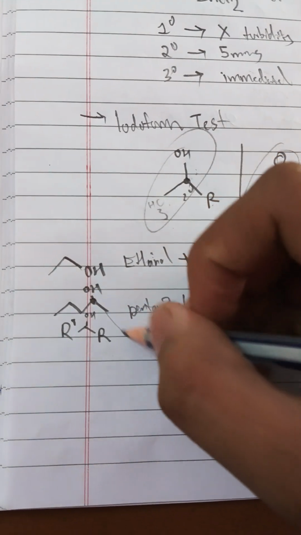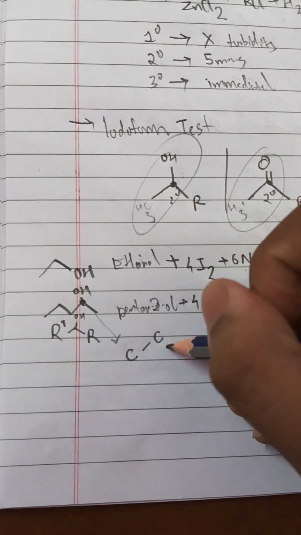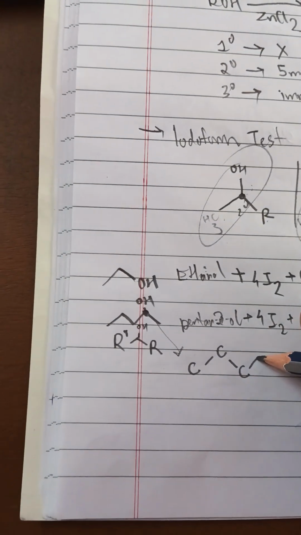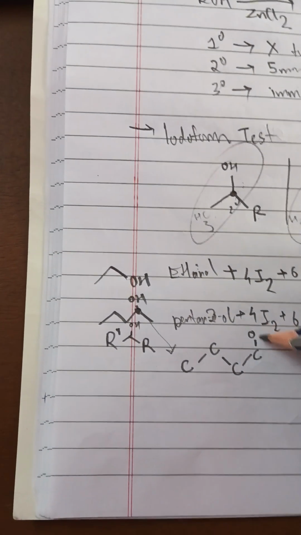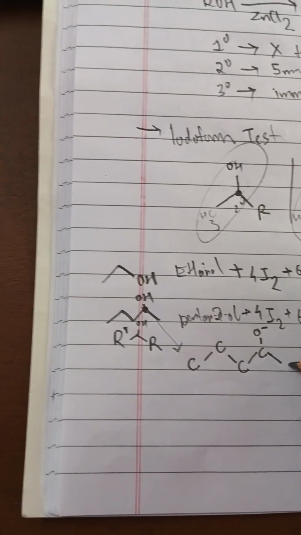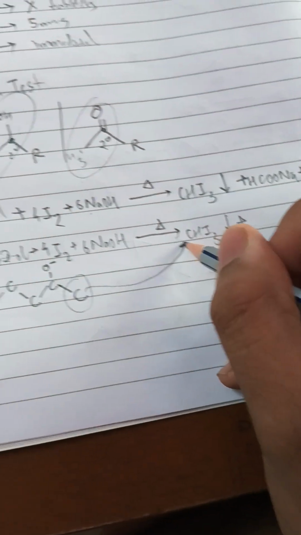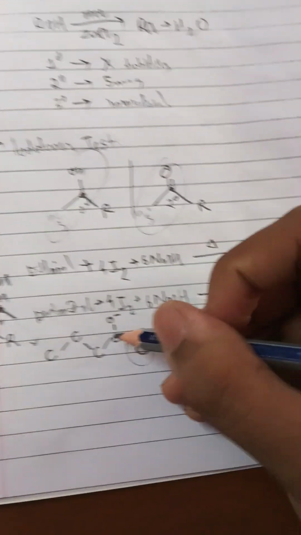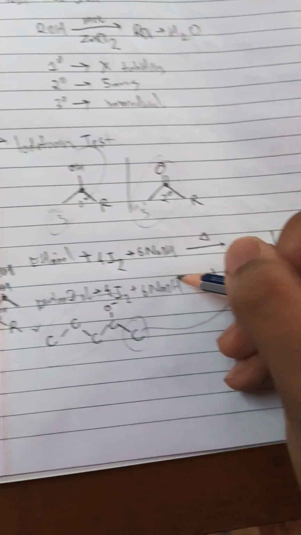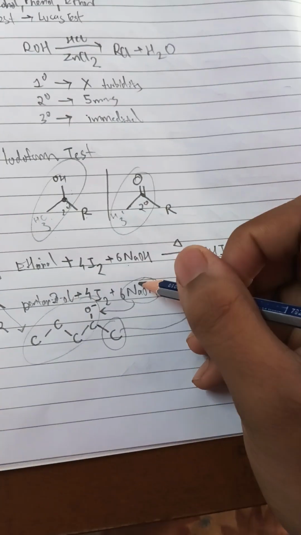So from pentan-2-ol, let's check here. C, C, C, C, O. This C part broke into here. And now this NaOH part will go here.